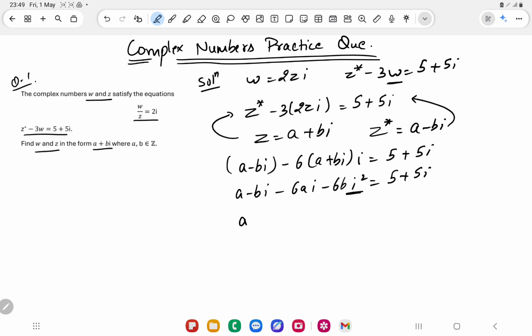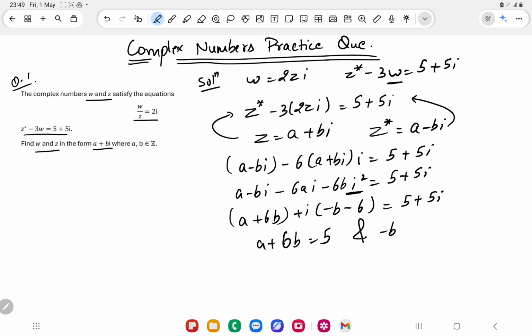So I can separate and write it as (a plus 6b), and taking i common, (minus b minus 6), equal to 5 plus 5i. Now on comparing real and imaginary parts, we obtain a plus 6b equals 5, and minus b minus 6 also equals 5.